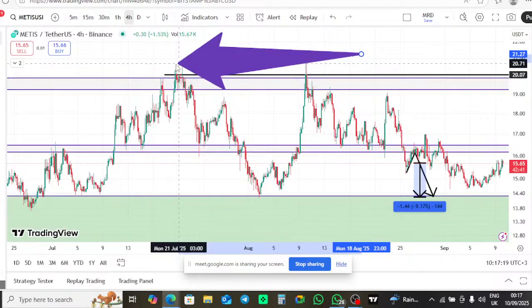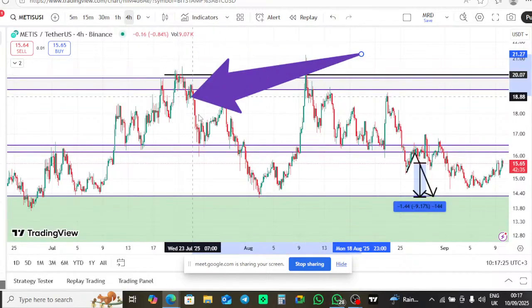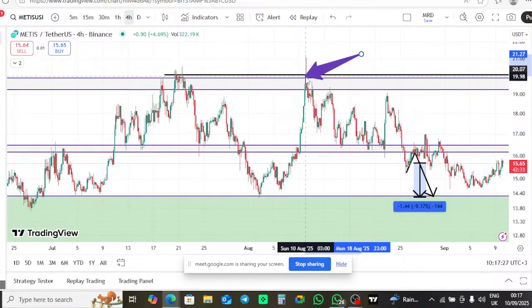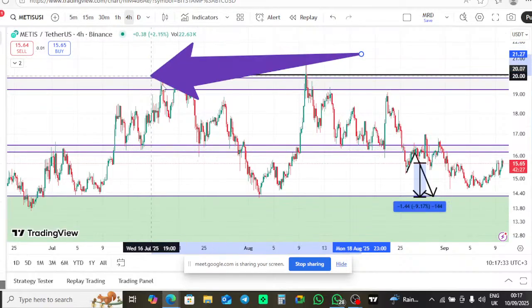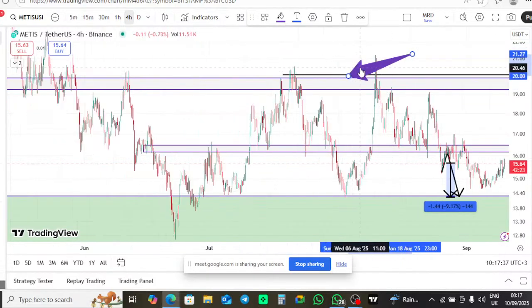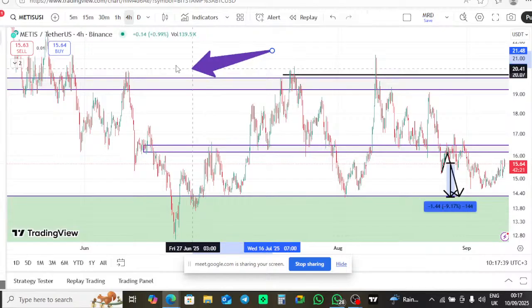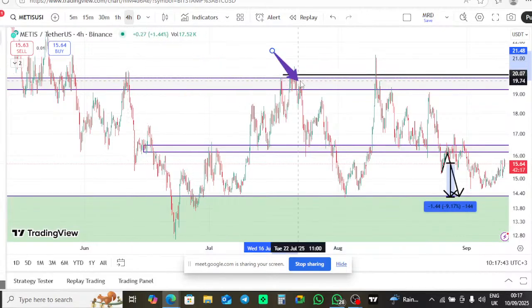If you look at this point and at this point, they are at the same level. Market tested here, dropped down. Market tested here, dropped down. Automatically, this is the resistance. And if you click back, you can find another point where the market tested the same area. This is the point, and now this is the resistance automatically.